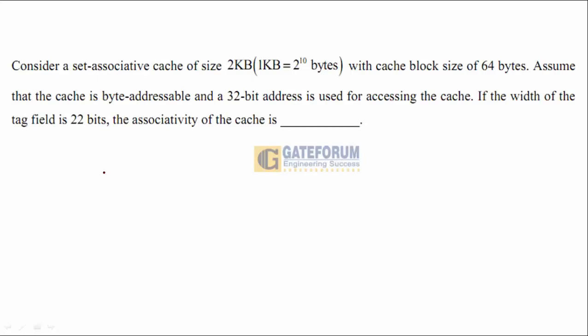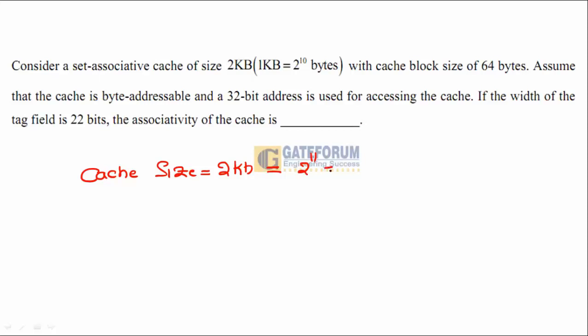The first information that is available is about the size of the cache. Cache size is equal to 2 KB. 2 KB means 2 power 11.